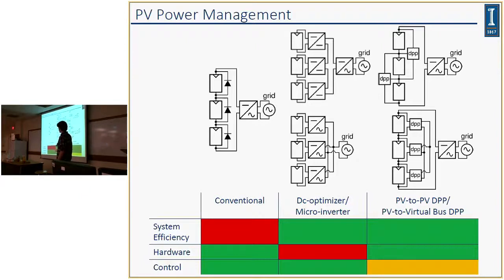A solution to that problem is using DC optimizer or microinverter topologies, which are the two different architectures in the center column. These topologies detach the series panel connection and place a power converter directly in parallel with each panel, and that power converter actively tracks the maximum power point of its corresponding panel. So your system efficiency is greatly improved, but at the cost of using hardware that needs to process that entire power, which can be on the order of 300 watts.